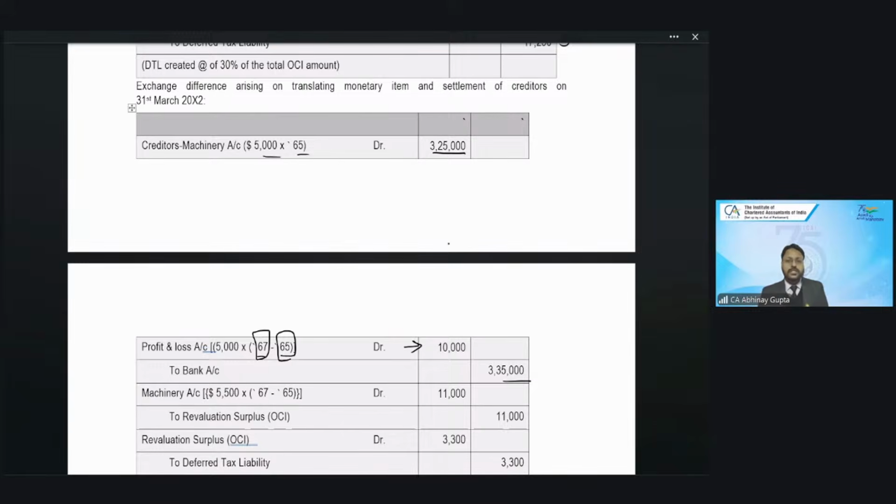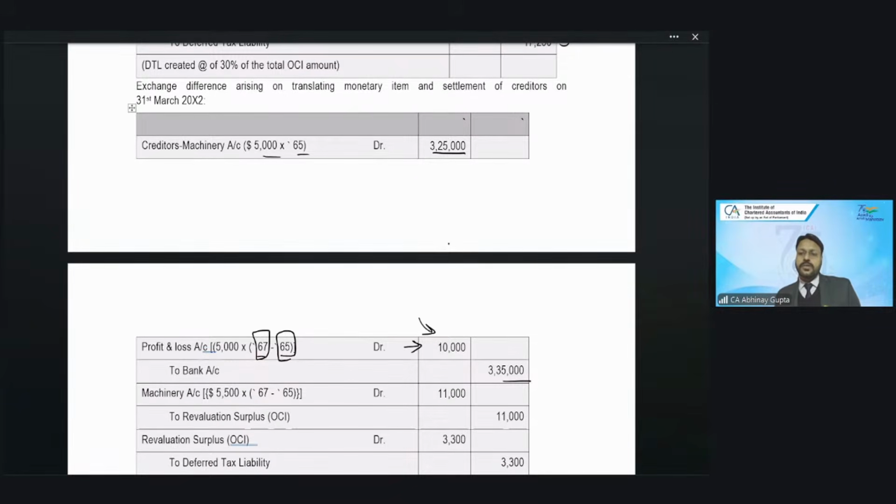So 2 rupees additionally I am paying to the creditor because of increase in the rate, right? So this 10,000 will immediately be debited to the P&L, right? And bank will be credited by how much? The total amount 325, the original creditor balance sitting in my books of accounts, plus 10,000 reinstatement.